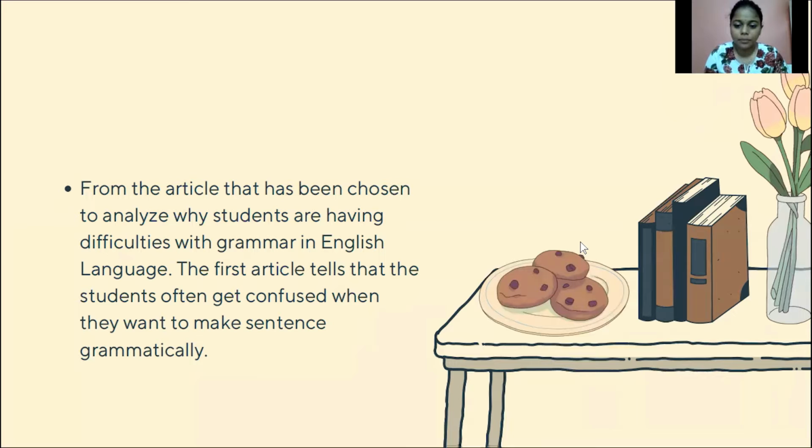So from the articles that have been chosen to analyze why students have difficulty with grammar in the English language, the first article tells that students often get confused when they want to make sentences grammatically.